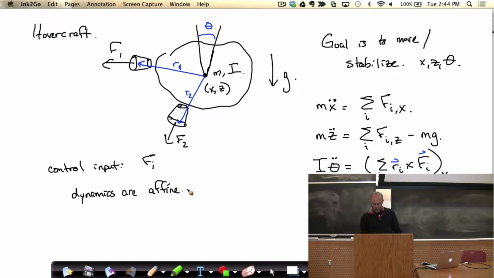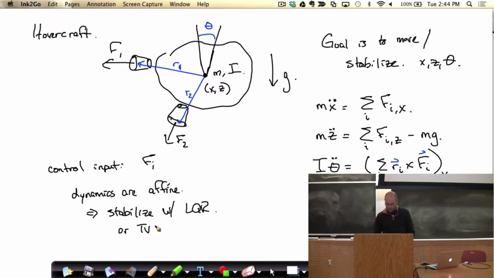Okay. So what does that mean? That means I could actually stabilize this thing with LQR if I wanted to, right? In fact, if I have some desired trajectory that I want to stabilize, I could do TV LQR, time varying LQR.